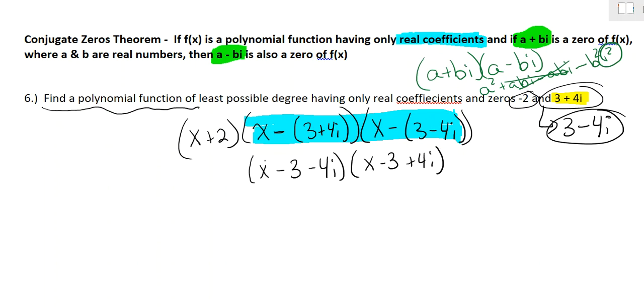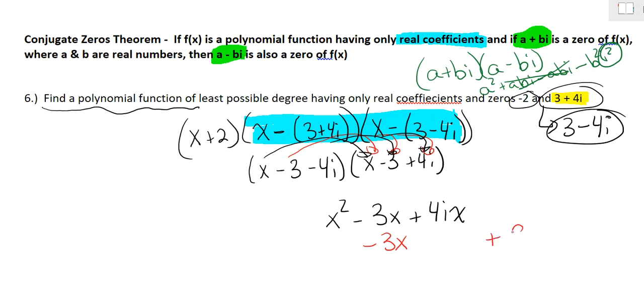And we take this x and we're going to distribute it to each one. So we get x squared minus 3x plus 4ix. Then we're going to do that with the -3, distribute that. So I'm going to get -3x, and then -3 times -3 is +9, and then -3 times 4i is -12i.